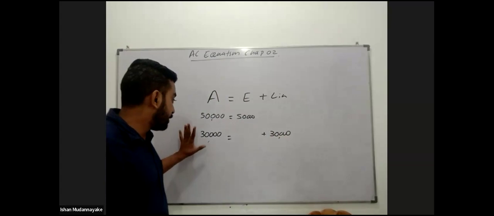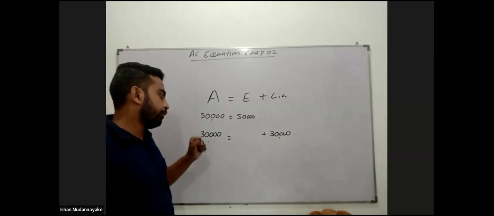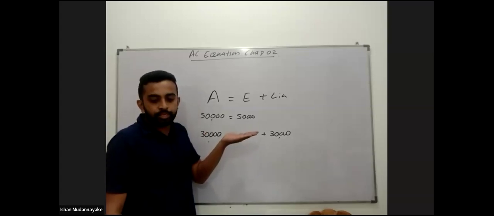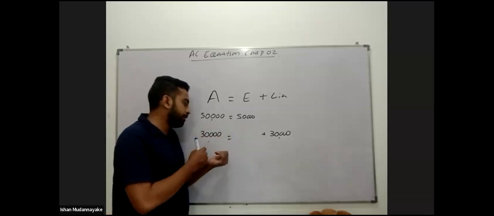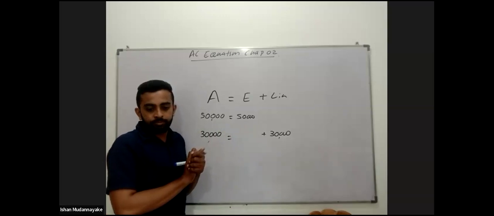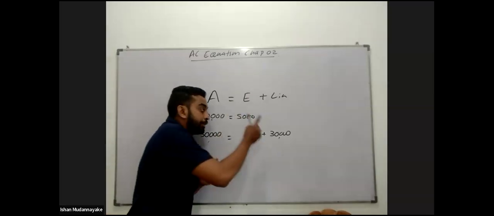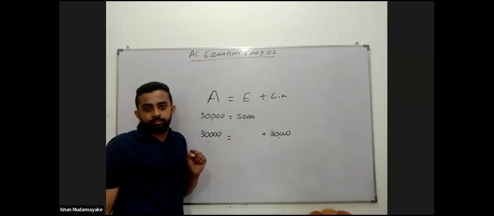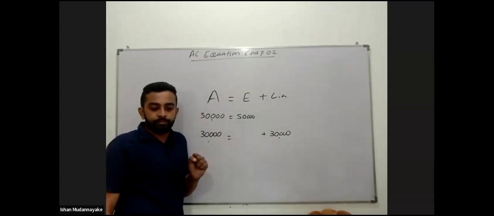This is a dual impact. If Manisha obtains a loan for the business, assets will increase, and on the other hand, liability will increase. Today Manisha received 30,000, and after 1 or 2 years, Manisha needs to settle this amount to the bank, say Sampath Bank or HNB Bank.